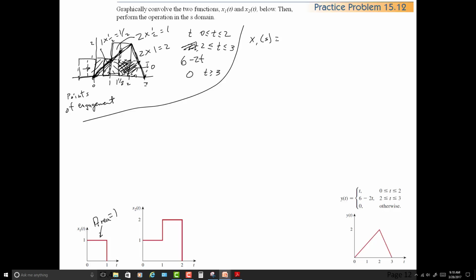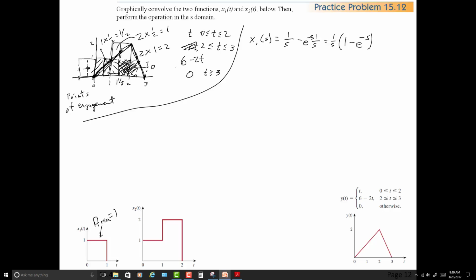And this is going to be equal to, this is something that turns on, so it's a step function that turns on. And then one time later, we're going to take away the step function. And how do we delay that? With an e to the minus as, and a in this case is 1. Okay, so that's 1 over s times 1 minus e to the minus s.